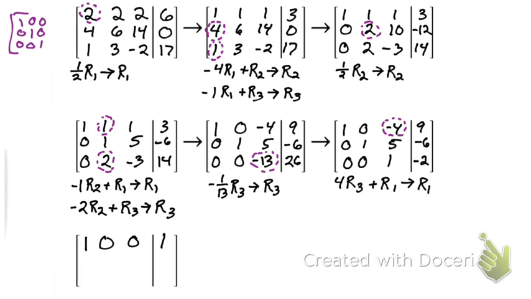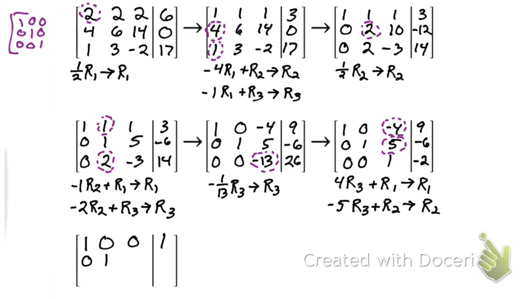And now we're going to do the exact same thing for that 5. I'm going to multiply row 3 by negative 5. Negative 5 times row 3 plus row 2 is going to become my new row 2. The 0 and the 1 will remain 0, 1.